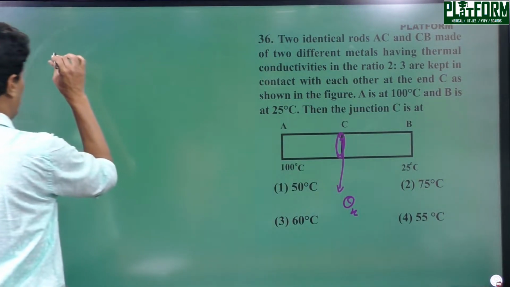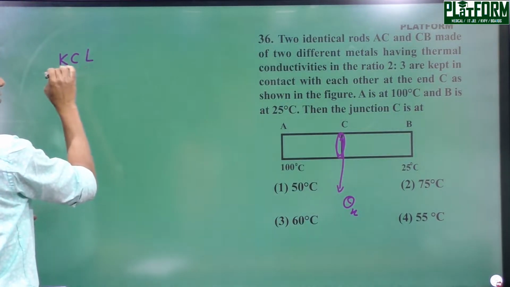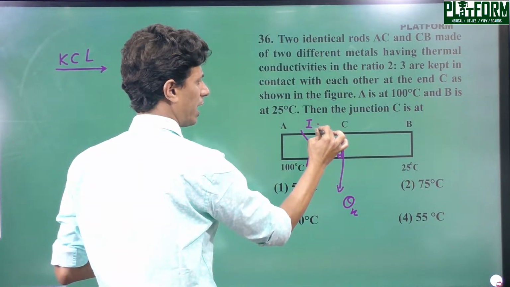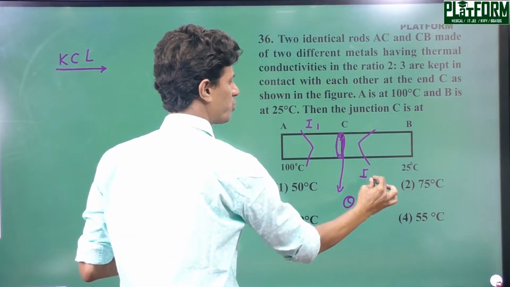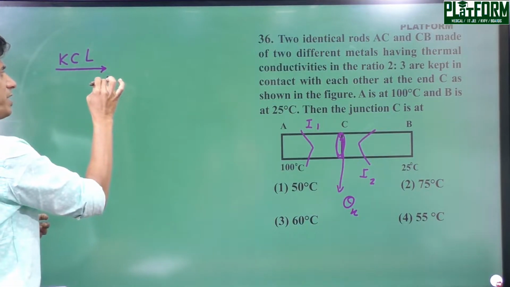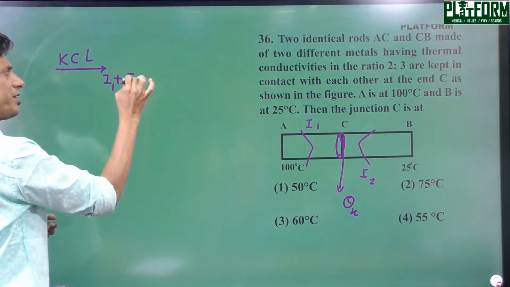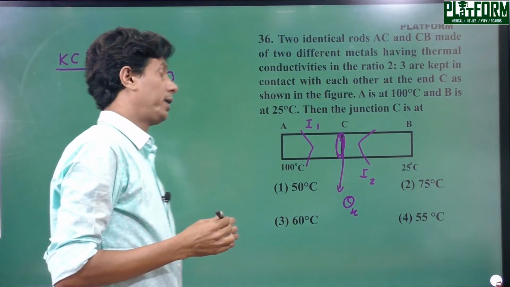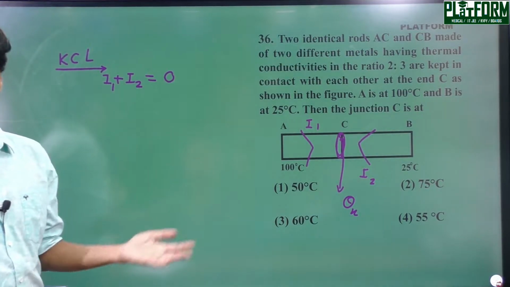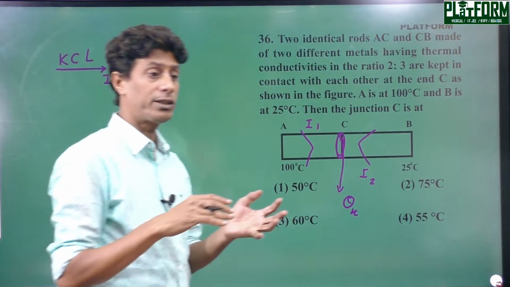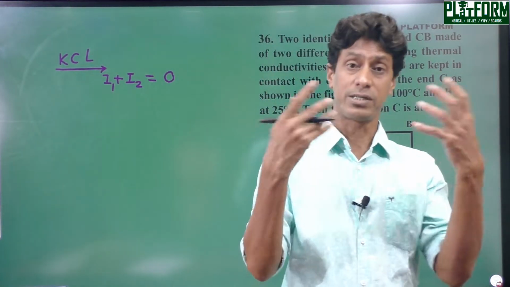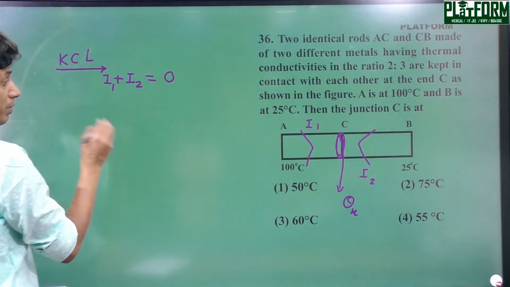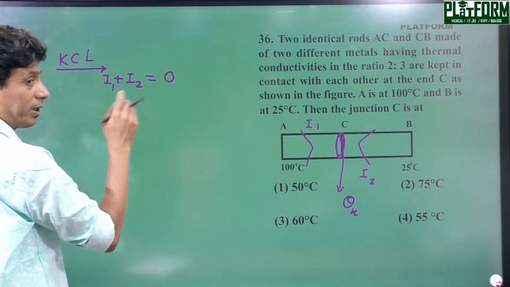From KCL, Kirchhoff's current law, we can get the thermal current I1 and the thermal current I2. The sum of the thermal currents I1 plus I2 at the junction is equal to 0 as per Kirchhoff's current law. Thermal current means the amount of heat energy flowing per second, and it is similar to the potential difference.